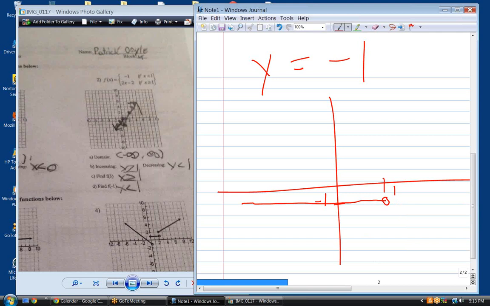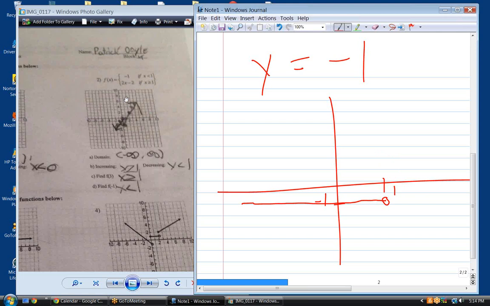Okay? All right. Now, to the right of 1, it's this function over here. So where do I start? Because that function is not going to intersect the y-axis. So I could pretend it intersected the y-axis and then erase it, but that's not really a good way to do it. To figure out where we start here, plug in 1 for x.